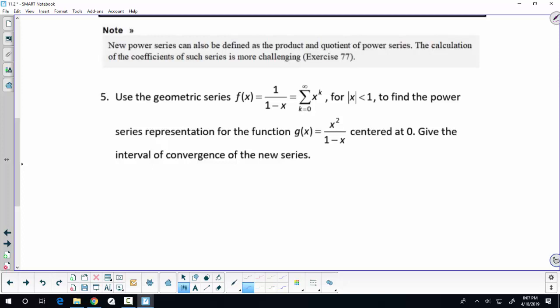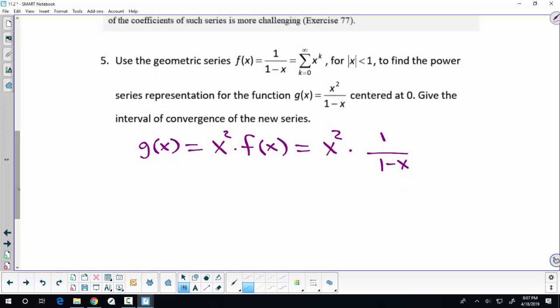Okay. So can you see that g of x is just a power of x times f of x? G of x is just x squared times f of x. So x squared times 1 over 1 minus x.